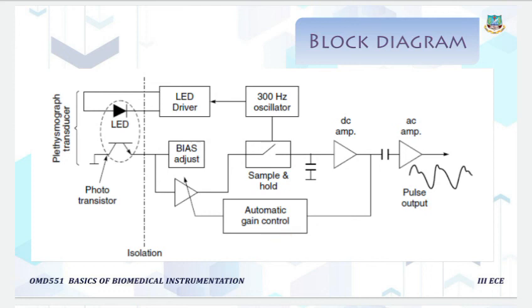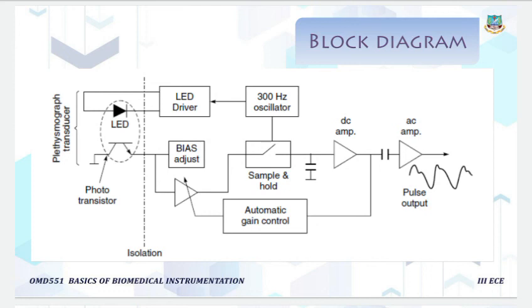Then the AC component with a frequency in the heart rate range of 0.8 to 5 Hz is further amplified to output the plethysmographic pulse rate form.